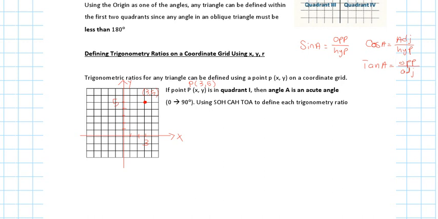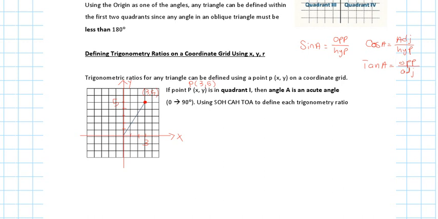Then to finish your triangle, you always draw a line going down to the x-axis. So you see how I now have a right angle triangle, and this is my right angle right here. Can you guys see that?